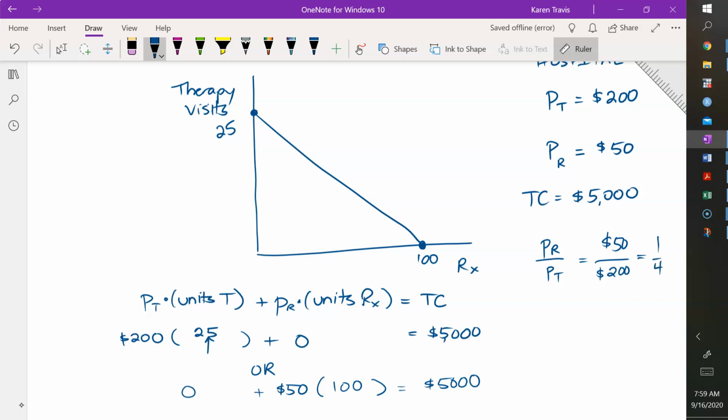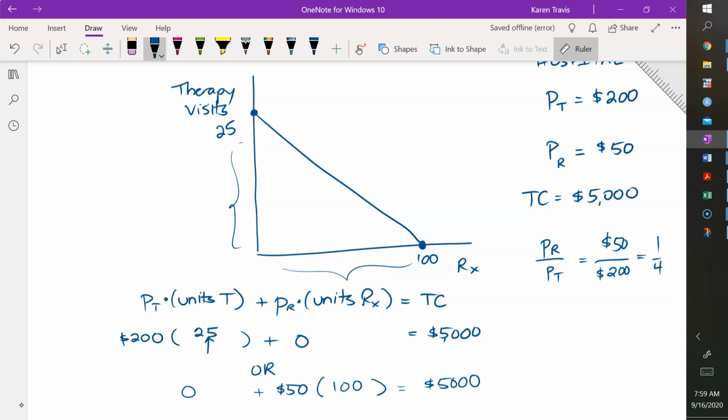So that should make sense to us that I'm going to need to give up less. If I gave up 25 therapy visits, I could gain 4 times as much, or 100 prescriptions.